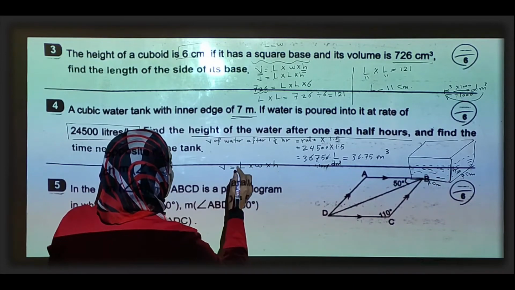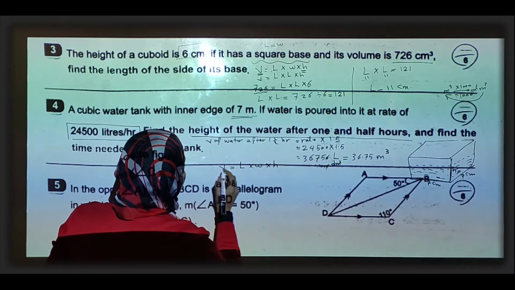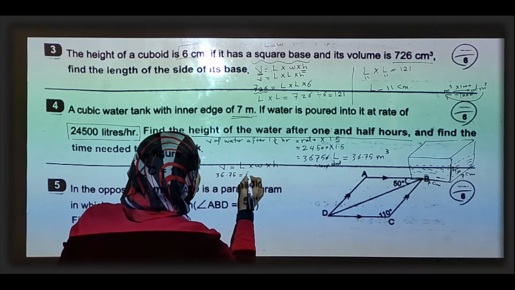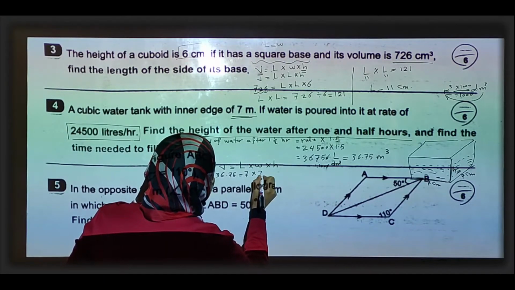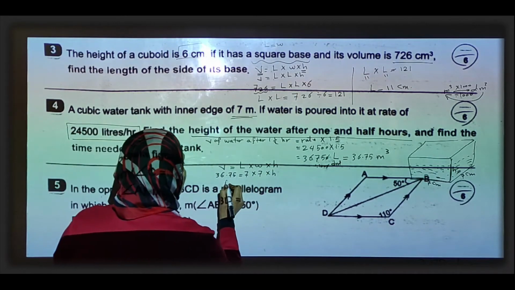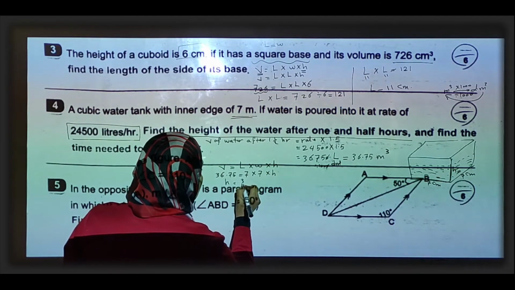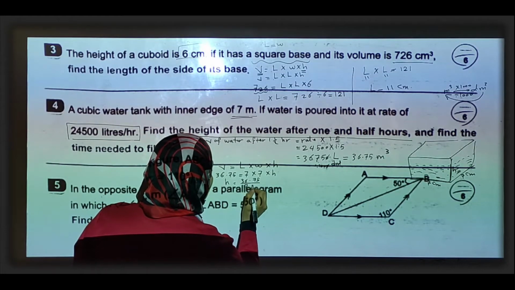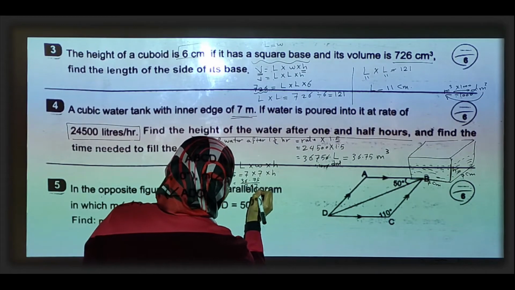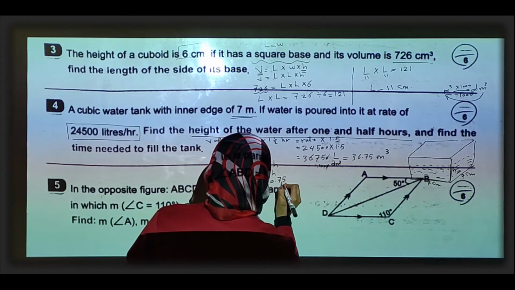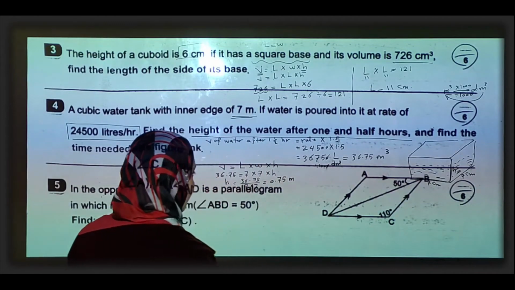Now we use this volume. 36.75 equals 7 times 7 times height. Height equals 36.75 dividing 7 times 7, which is 0.75 meters.